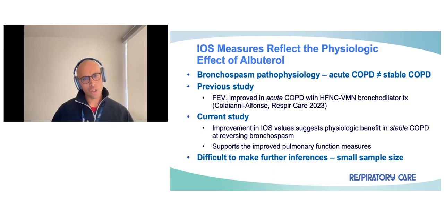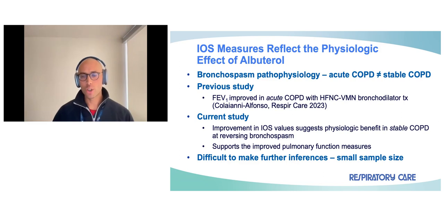Another interesting conclusion to point out is that the IOS measures were very interesting, and I think they reflect the physiologic effect of the albuterol here. The authors acknowledged that the pathophysiology of bronchospasm between acute and stable COPD is not the same.